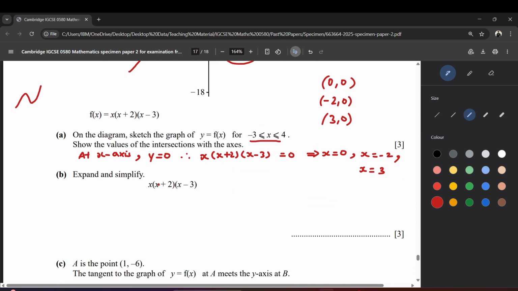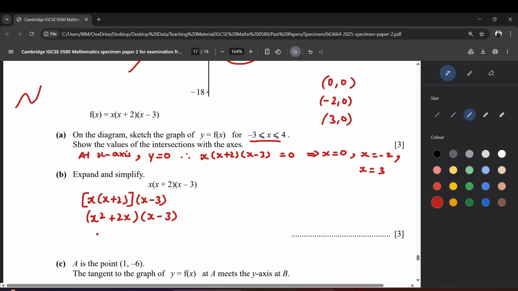All right, expand and simplify. So first I'm only going to expand the first two. The next one can wait. So x times x is x squared, plus 2x. Now you multiply this with the third bracket.